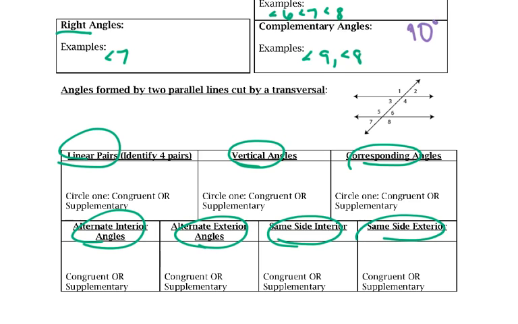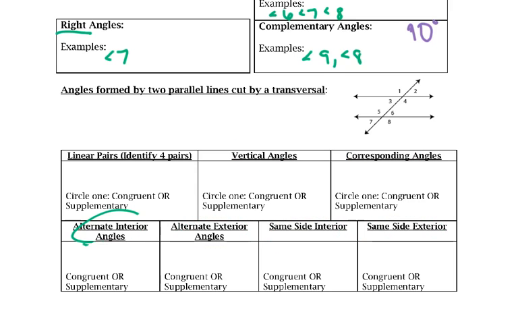See if you can list a set of angles that would be that type, and then turn the video on again and see if you got it right. I'm also asking you if they're complementary or supplementary. So would they add to be 90 or would they add to be 180? Go ahead and pause the video and see what you can do.